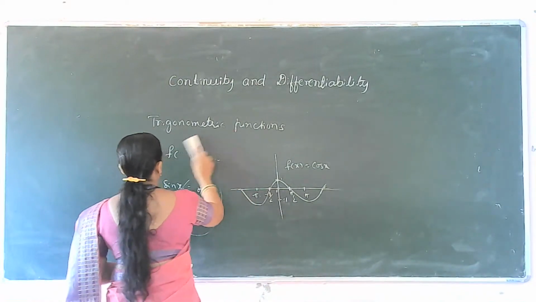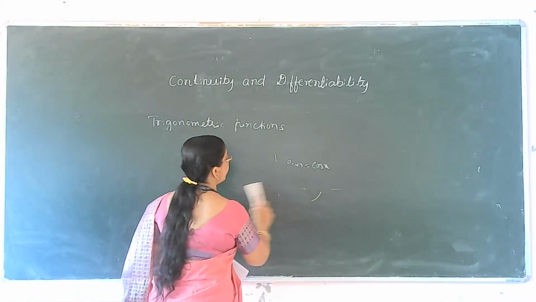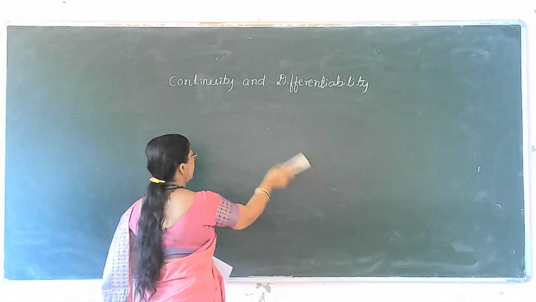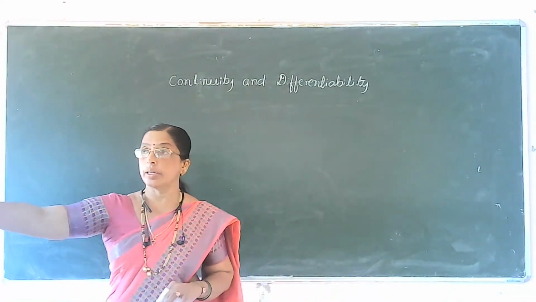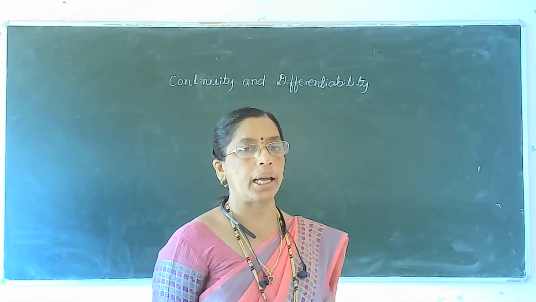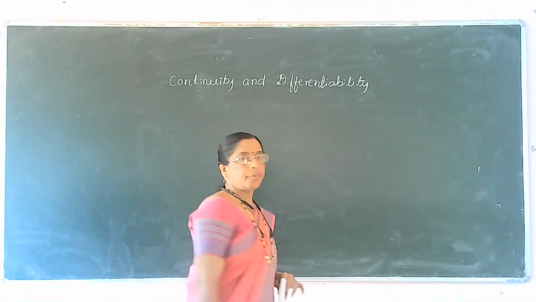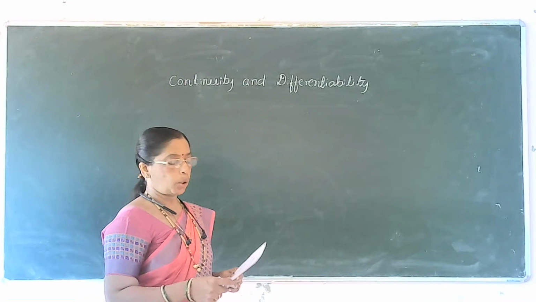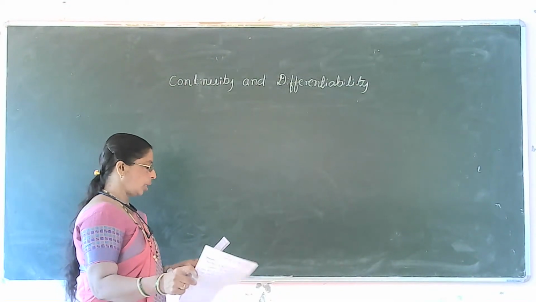Therefore, we can say all trigonometric functions are continuous. You can check the tangent, cotangent, cosec and sec functions also. When they are defined, only then can we prove whether the other trigonometric functions are continuous or not.